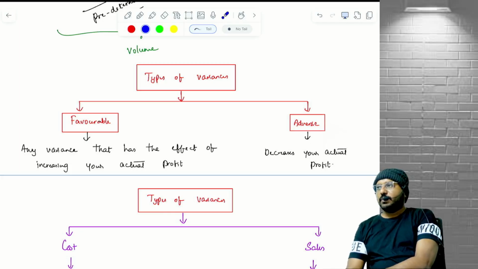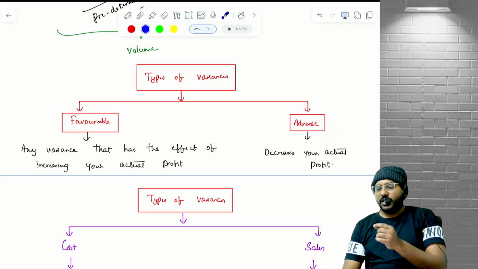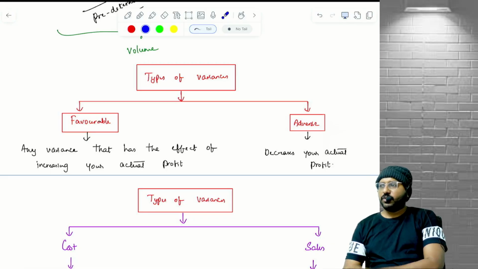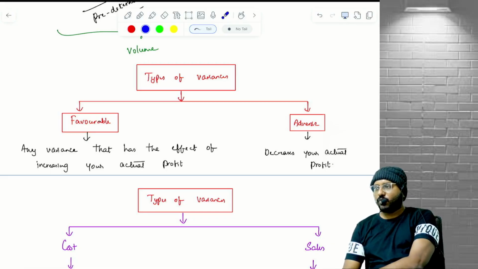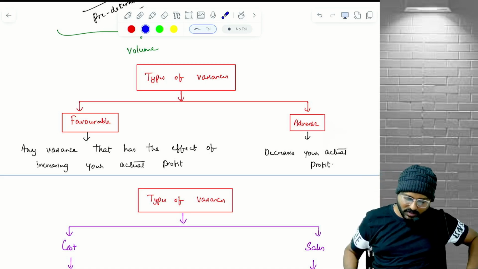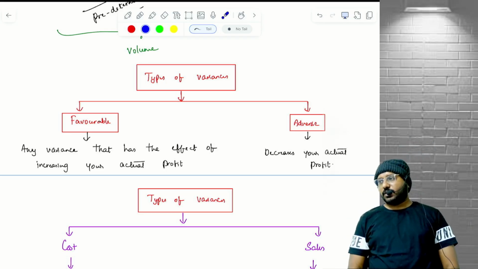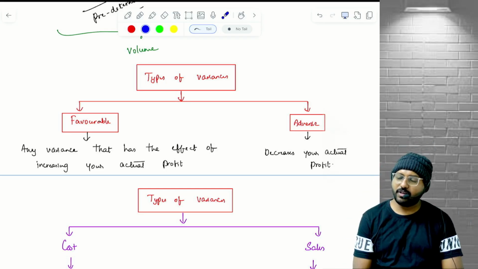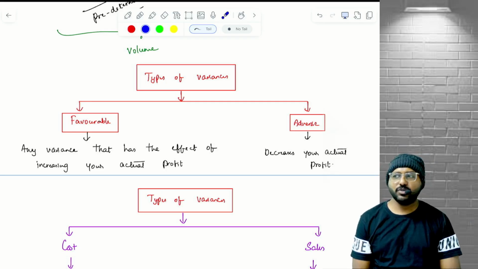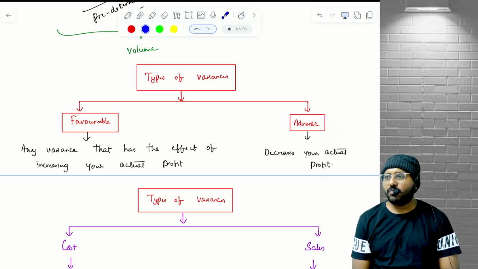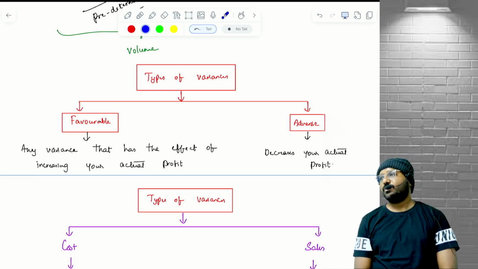Because if your budgeted cost is 5,000 and your actual cost is 4,000, favorable or adverse? Favorable. If your budgeted profit is 5,000 and your actual profit is 4,000, favorable or adverse? I told you the same numbers in both cases, but in one case it became favorable, in another case it became adverse.